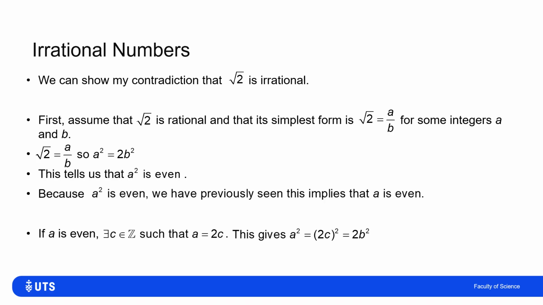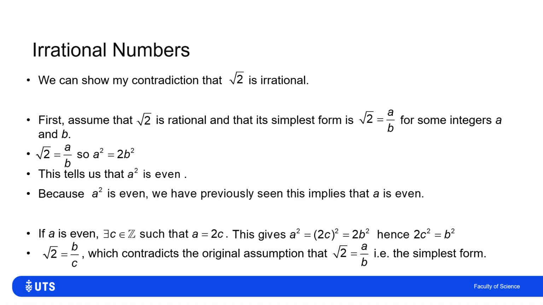But if a equals 2c, then a squared equals 2c all squared, which is twice b squared. It's 4c squared, which is 2 lots of b squared. So that also tells us that 2c squared has to be b squared. That also tells us that the square root of 2 is b over c.